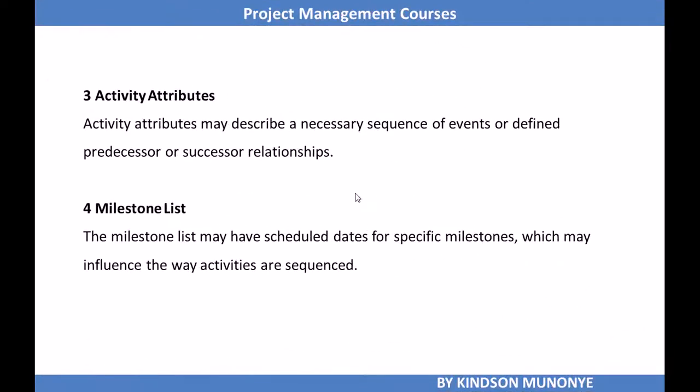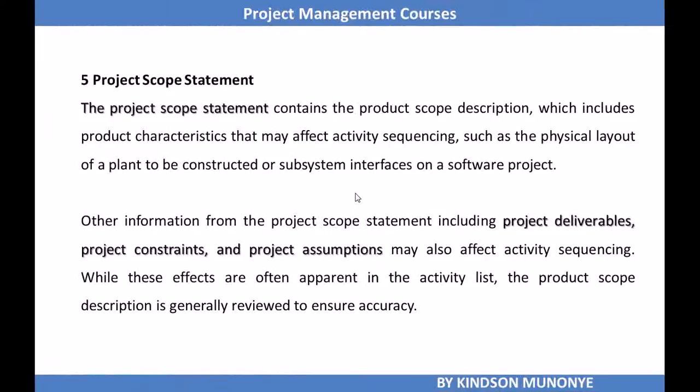Activity attributes are necessary details about activities, which include the activity successor, the resources needed, the predecessor, and many other details, like who is to perform the activity, and so on. Milestone list is a list of all milestones for the project, which might also influence sequence activities.